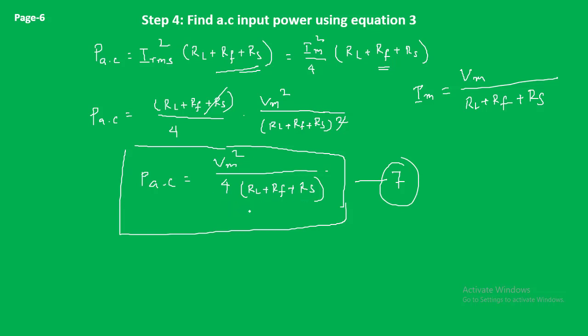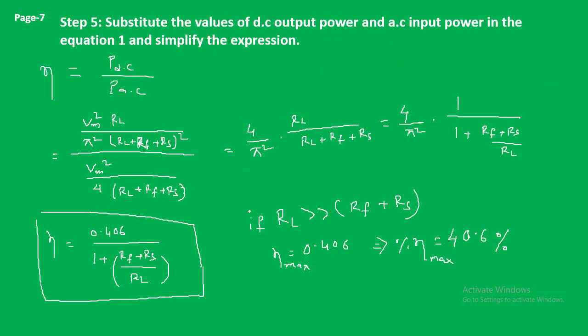So in equations 6 and 7 we are getting the output DC power and input AC power. Now let us substitute from equations 6 and 7 into equation 1, where we found efficiency is equal to PDC divided by PAC. So what are we getting here?